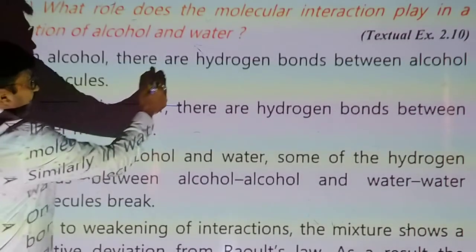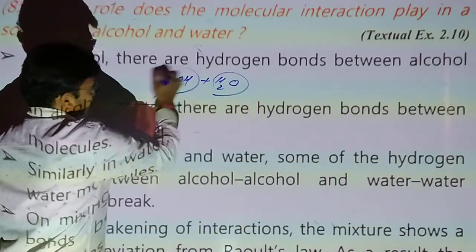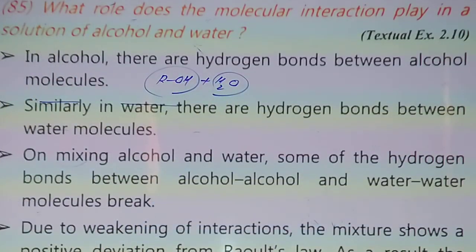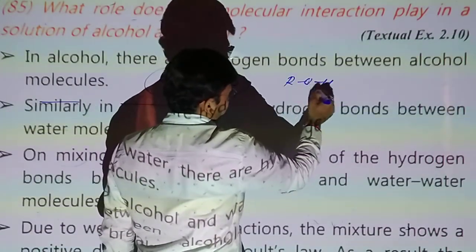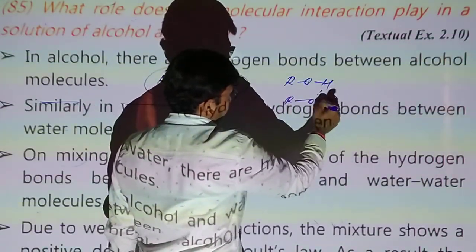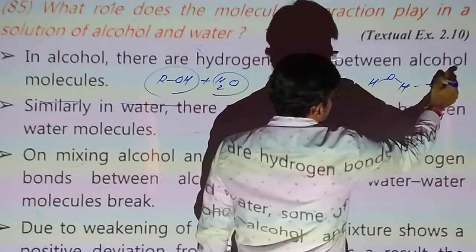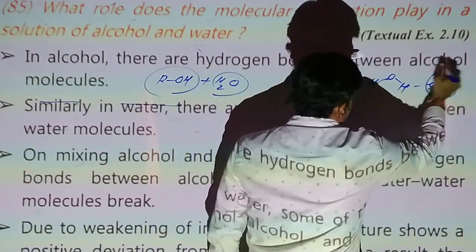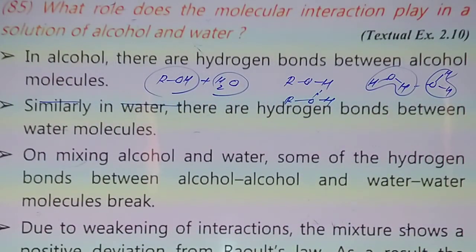When we dissolve alcohol into water, what happens? Between alcohol and alcohol, hydrogen bond is present. Between water and water, there is also hydrogen bond present. So what about alcohol with water?